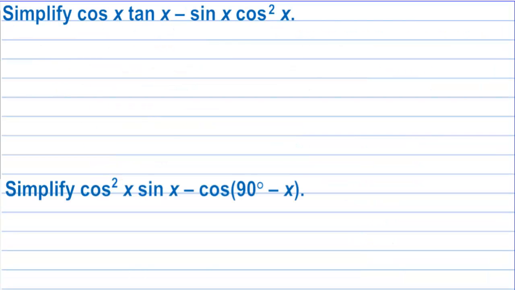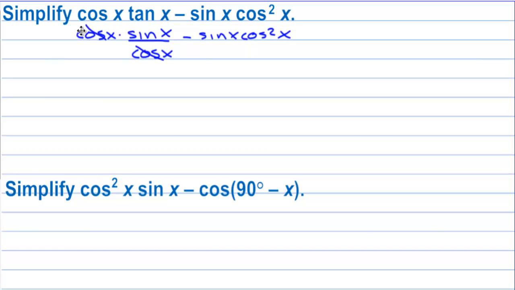Simplify cosine x tangent of x minus sine x cosine squared x. Let's try to turn all of this into sines and cosines. In other words, we're going to turn tangent into sine and cosine. We have cosine of x times sine of x over cosine of x minus sine of x cosine squared of x.